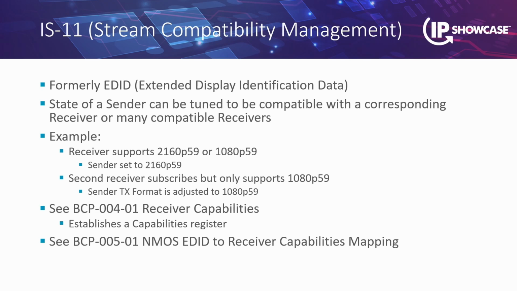So one example would be, you've got a sender, you've got a receiver that could support both 4K or 1080p. The sender would be set to 4K, which is the highest resolution it can handle. That's all great. So now you're talking 4K sender to 4K receiver, but now another receiver hops in and goes, well, I want to listen to that stream too, and I don't want to make you put out 2 streams, but I can only support 1080p.